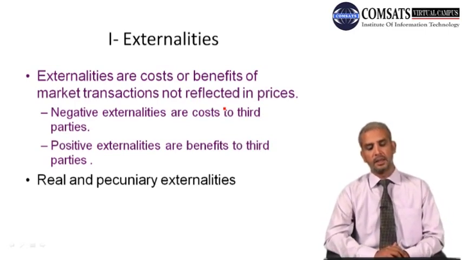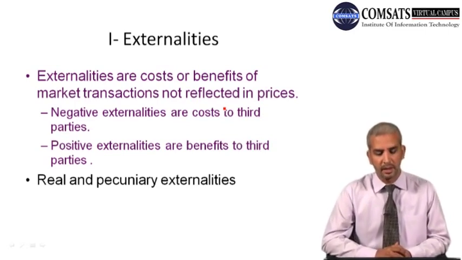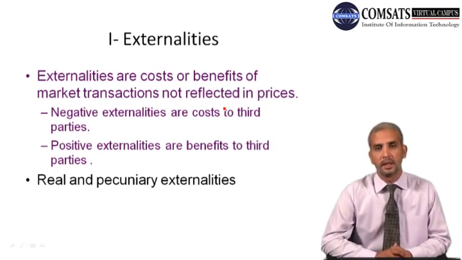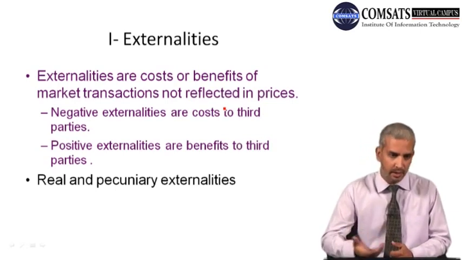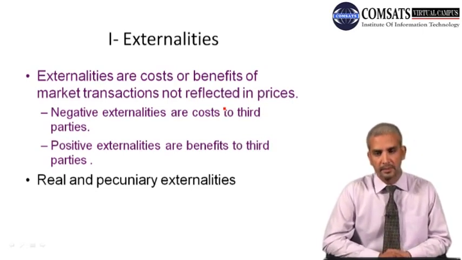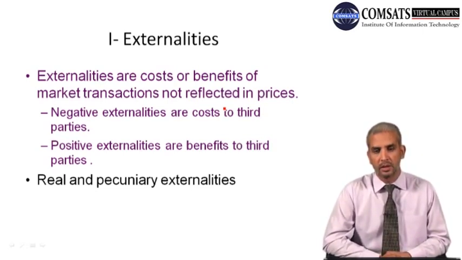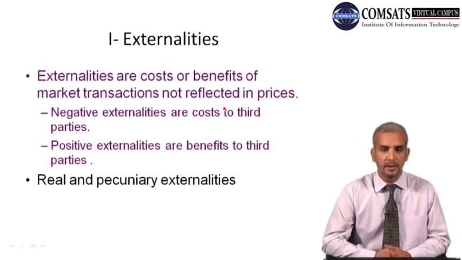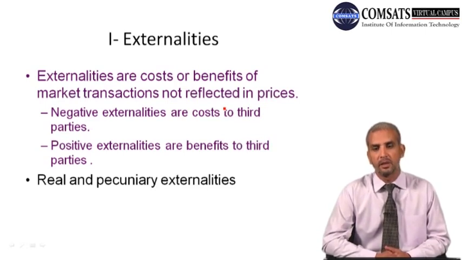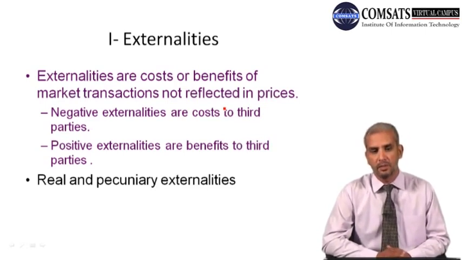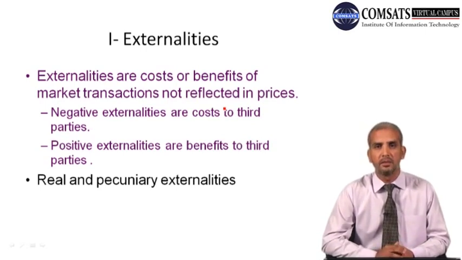Then there are two other types: real and pecuniary externalities. Let's consider an individual whose hobby is taking photographs. For that, he needs to buy equipment. Now, in cases where there is an excess demand for that product and the supply is yet to be available, the prices of equipment would increase, and that would actually decrease the real income of the individual.